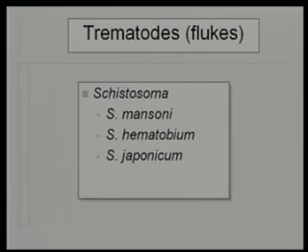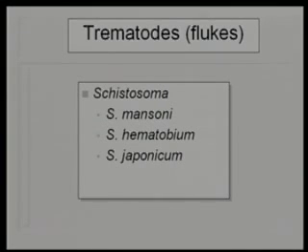Flukes are sort of leaf-like organisms. The schistosomes are sort of flat and long, narrow leaves, whereas the other flukes are more sort of oval leaves. There are 3 different genera that cause human disease: Mansoni, Hematobium, and Japonicum.